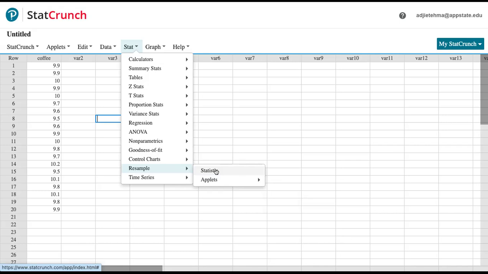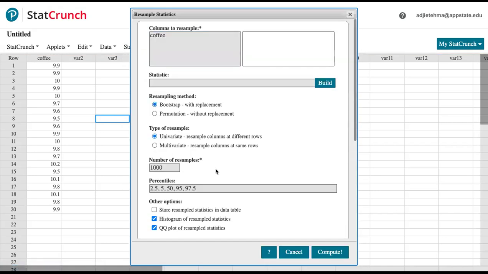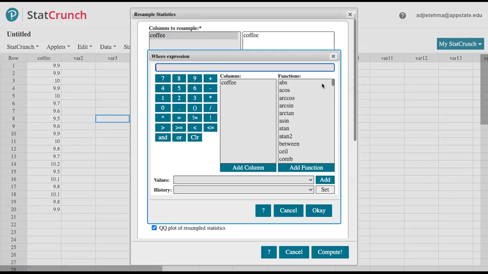I encourage you to follow. I click on that. Now I choose coffee, the column that we are interested in. The next thing is to click on Build. Have you all done that? Now scroll here and find the mean. Let's scroll.